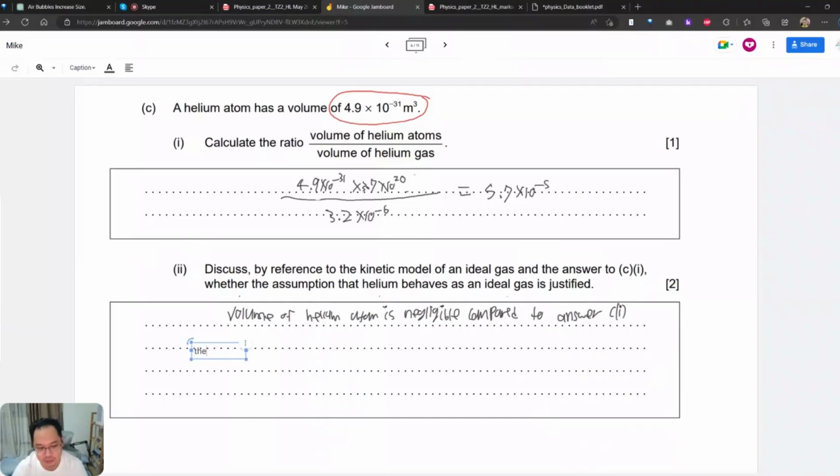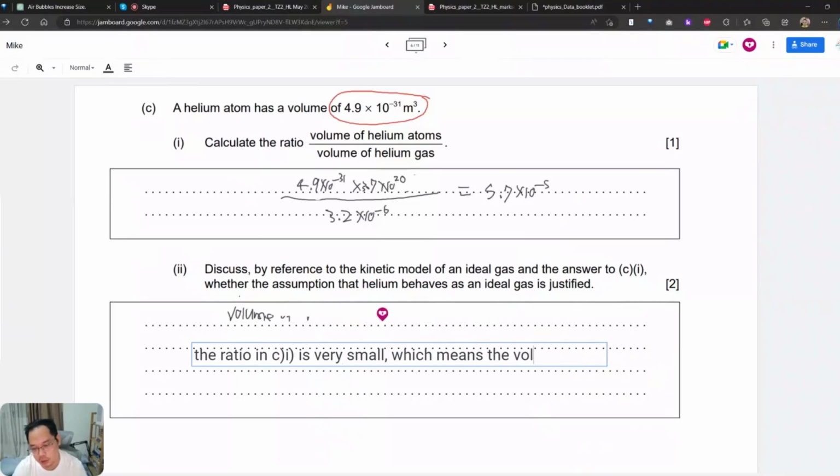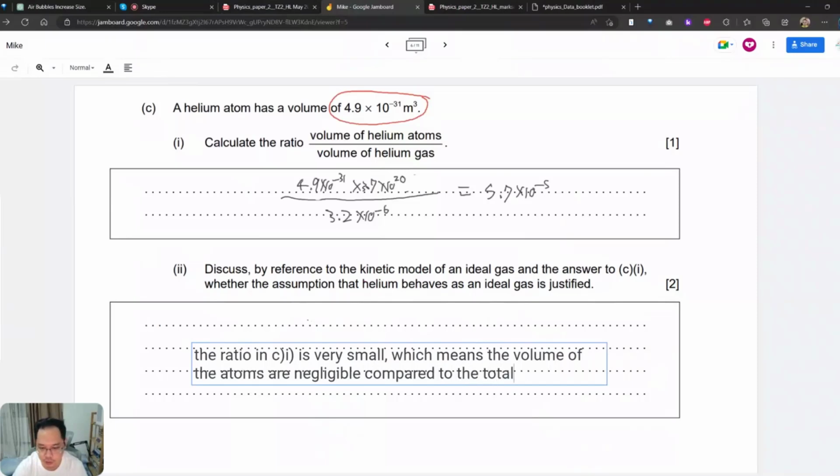The ratio above, the ratio in C1, is very small, which means the volume of the atoms is negligible compared to the total volume occupied by the gas.